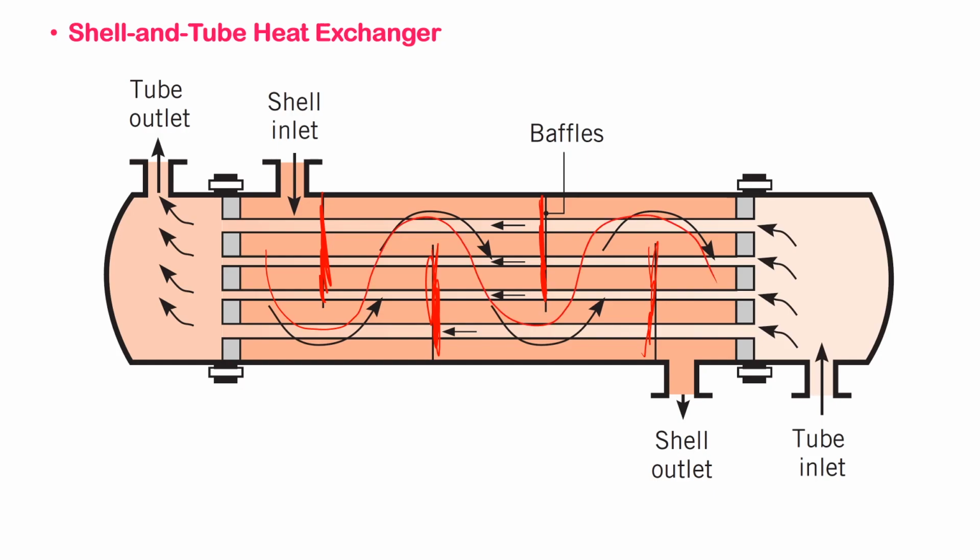If there are no baffles, the flow will just continue in a straight fashion. That means the mixing will not be very good, and so the heat transfer will be less effective. So you introduce baffles outside the tubes, inside the shell, to guide the fluid. So you have a shell inlet, shell outlet, and then a tube inlet and tube outlet here.